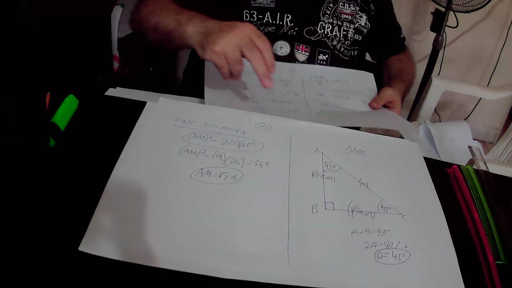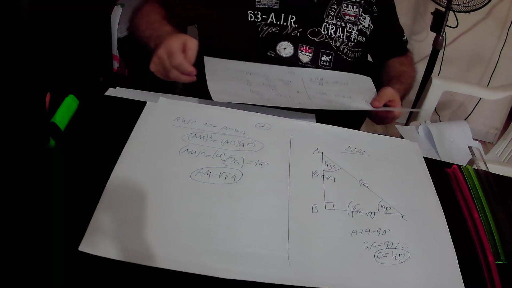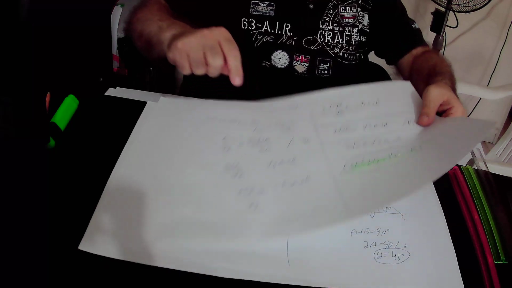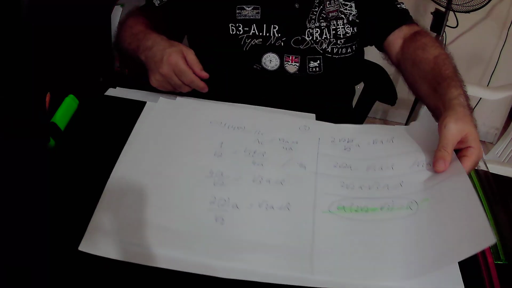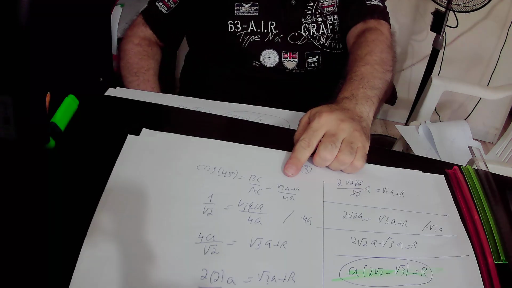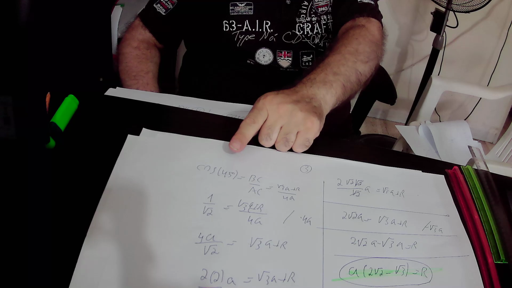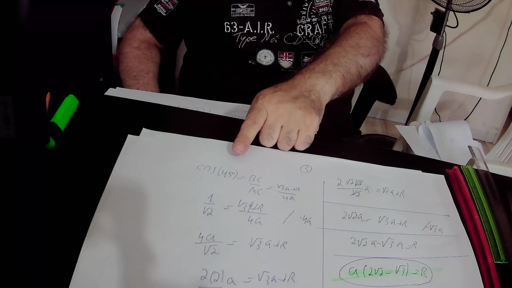Okay, so BC equals square root of 3 times a plus r, so we substitute BC by square root of 3 times a plus r. AC, the hypotenuse, equals 4a, so we substitute the hypotenuse AC by 4a. And cosine 45 degrees is 1 over square root of 2, so we substitute cosine 45 degrees by 1 over square root of 2.